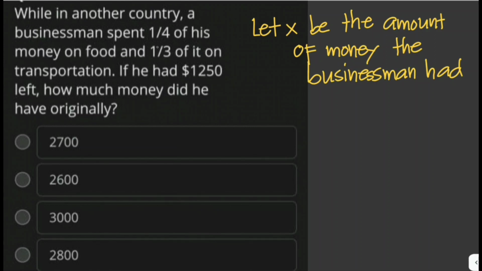It says here he spent 1/4 of his money on food, 1/3 of it on transportation, and he had $1,250 left.